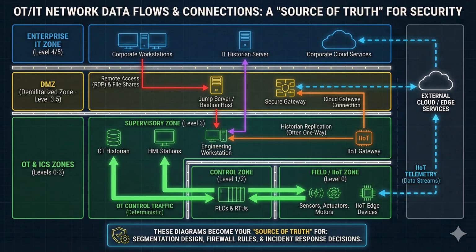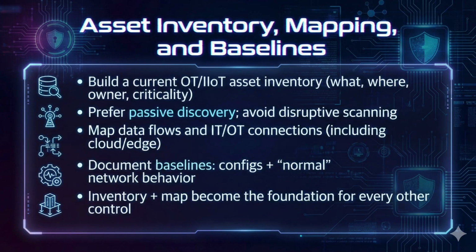These diagrams become your source of truth for segmentation design, firewall rules, and incident response decisions. Finally, establish baselines. In OT, stability is an advantage. Many systems have predictable traffic and configurations. When you document normal, you make it possible to detect abnormal behavior later, and you reduce accidental outages caused by undocumented changes.